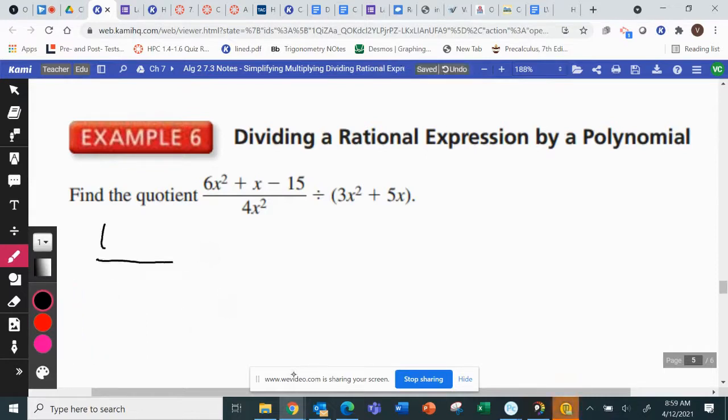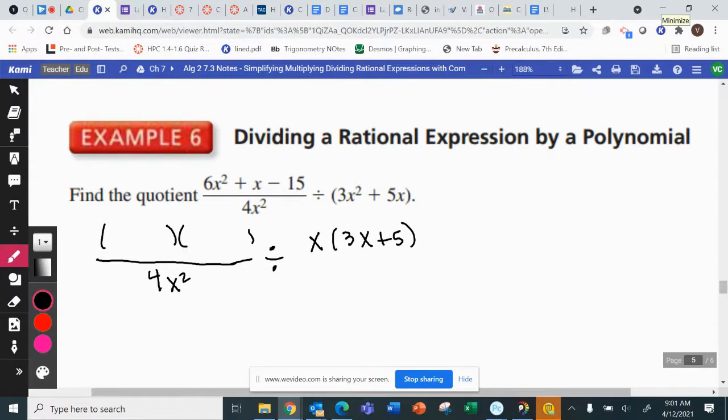Oh, we've got a more challenging one to factor here. I'll give you guys a moment to see if you can factor the top of that one. Ashlyn, did you get it factored?